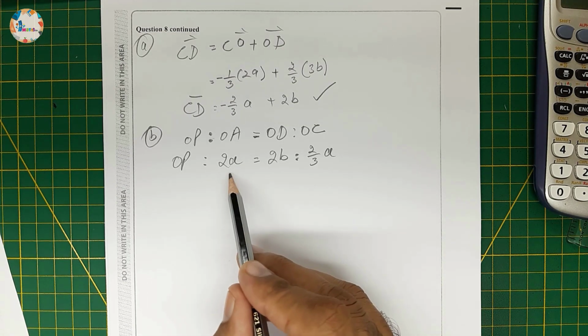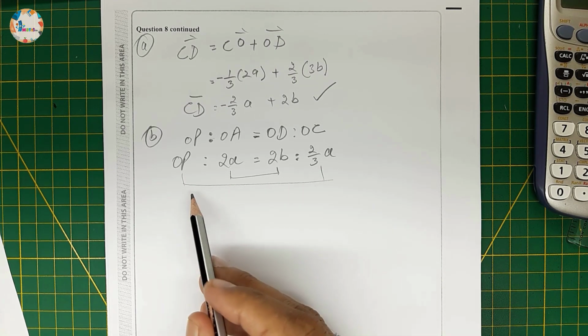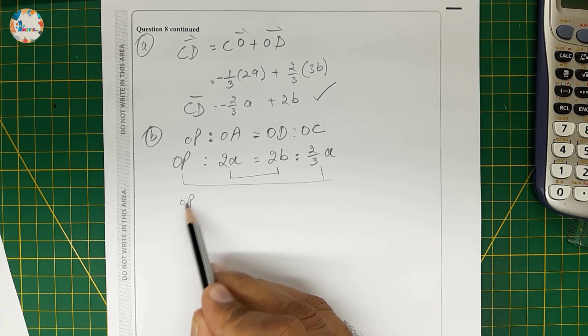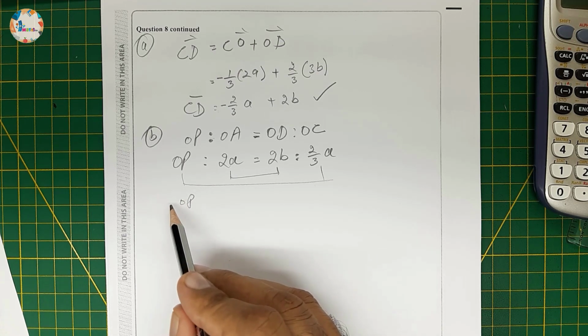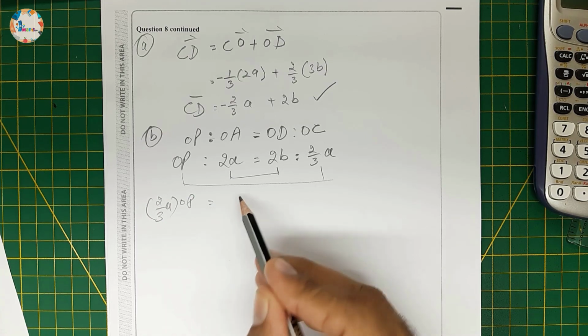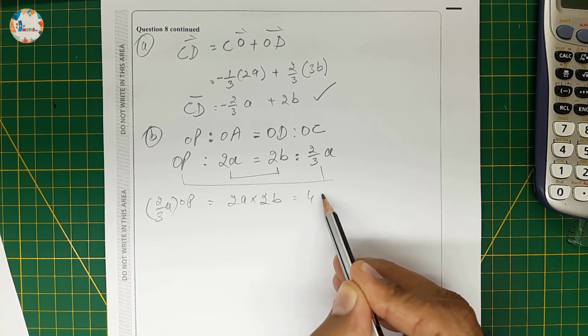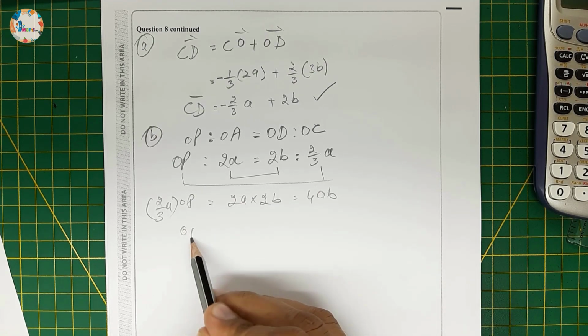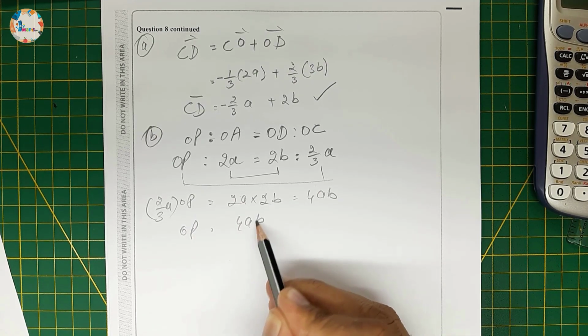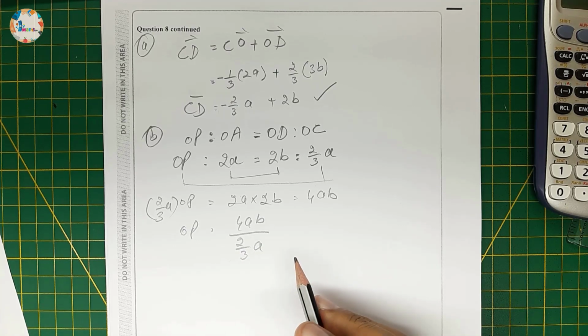So by the product rule, the product of these two will be equal to the product of these two. So this will be OP into 2/3 a, and OP will be equal to 2a into 2b, which is equal to 4ab. So OP will be equal to 4ab divided by 2/3 a.